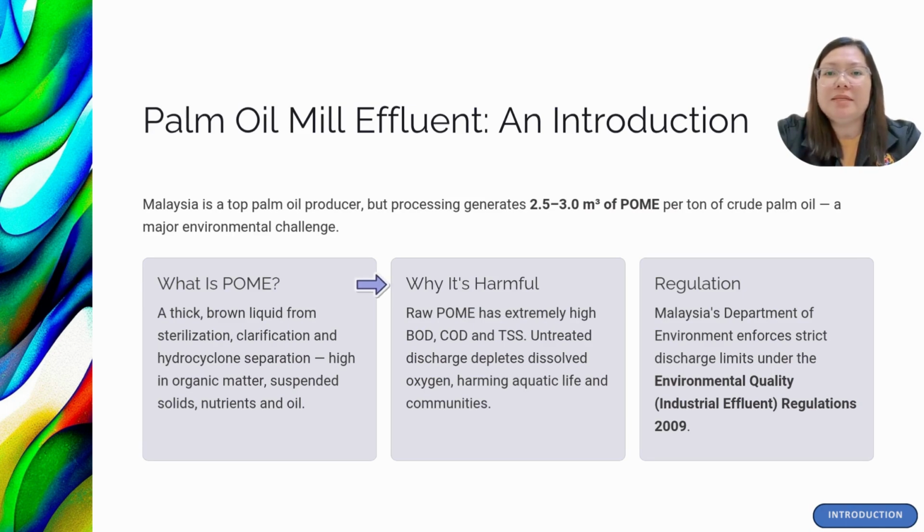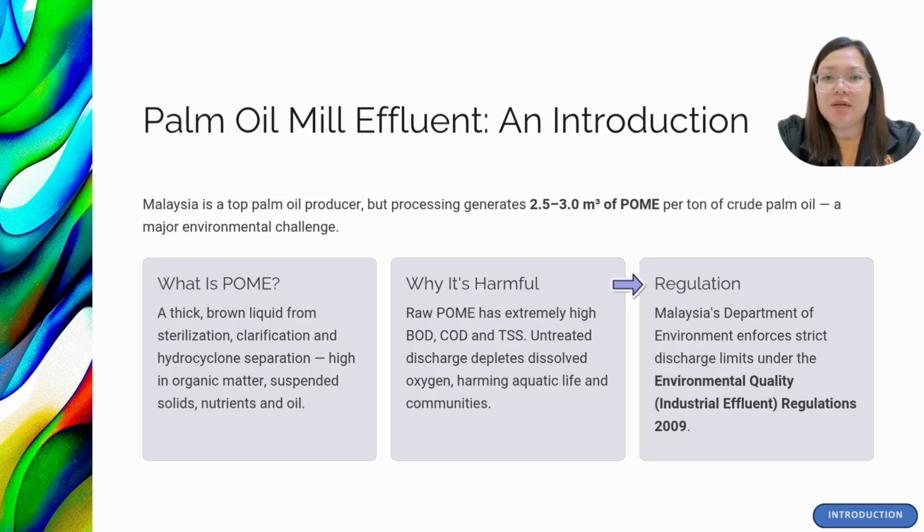POME is a thick brown liquid produced during the sterilization, clarification, and separation processes in a palm oil mill. Although it is not toxic, it contains a very high concentration of organic matter, suspended solids, oil, and nutrients.